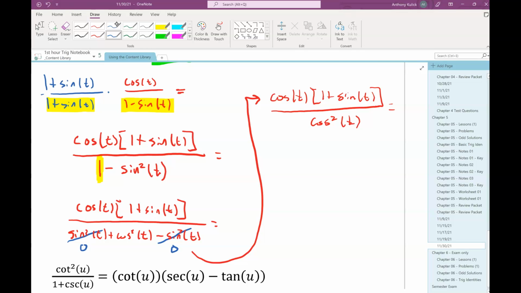So far, so good. And what do you notice we can do now, Landon? Yeah, so I can reduce, right? I can cancel one of the cosines from the top with one of the cosines on the bottom. And that gives us exactly what we were looking for.